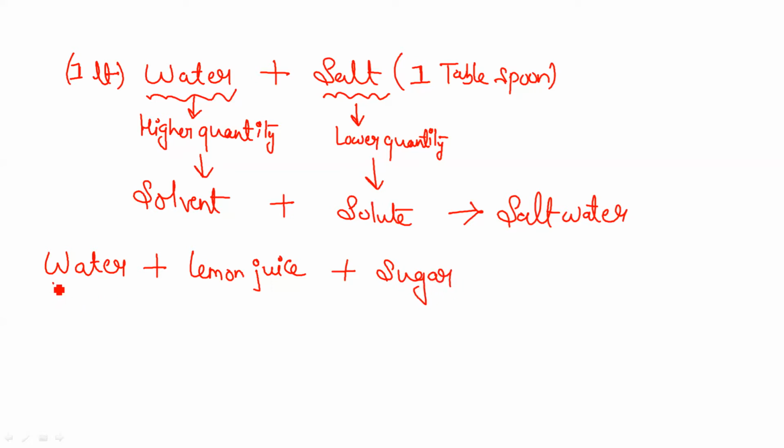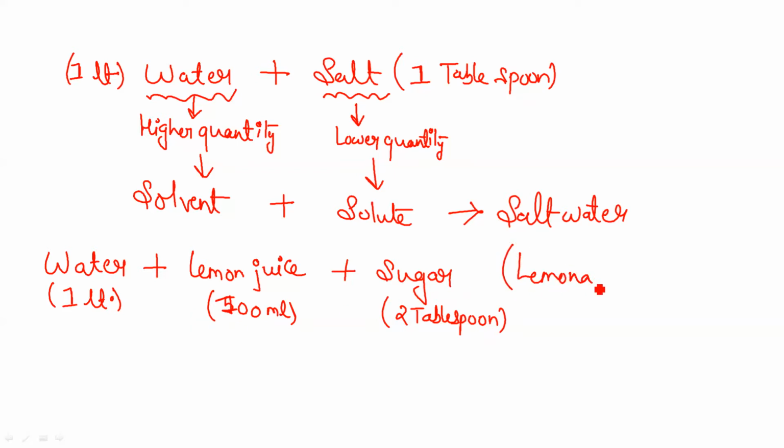Say I am taking 1 liter of water, about 100 ml of lemon juice, and 2 tablespoons of sugar. I am just assuming, you can take more. This is nothing other than lemonade, so I am forming lemonade here.